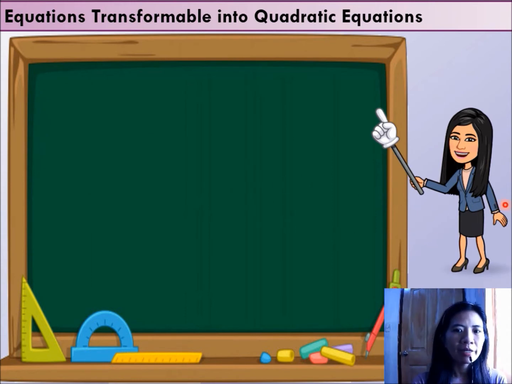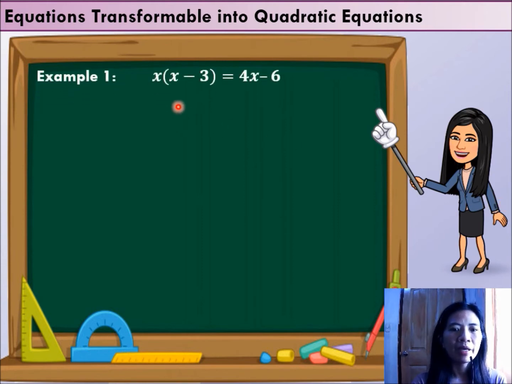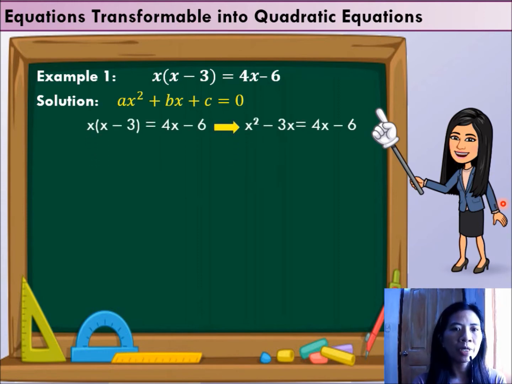Let's have example number 1. We have x times the quantity x minus 3 equal to 4x minus 6. We are going to transform this into standard form ax squared plus bx plus c equal to 0. First, we are going to use the distributive property.